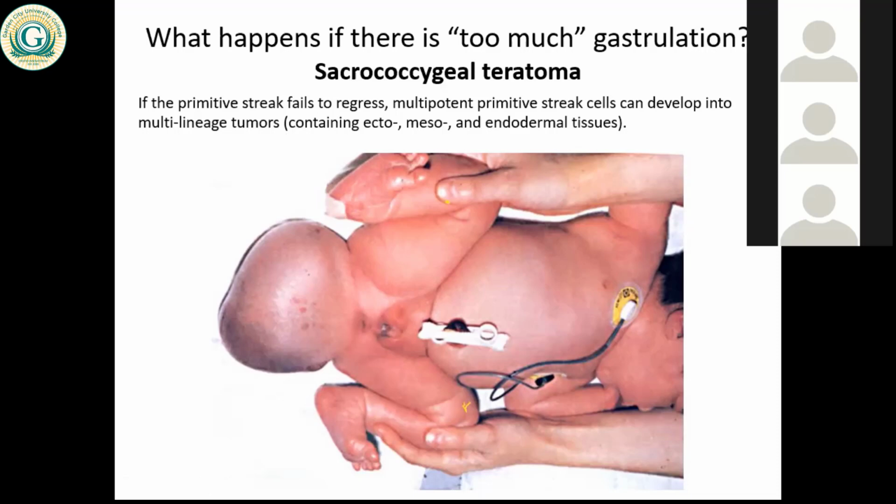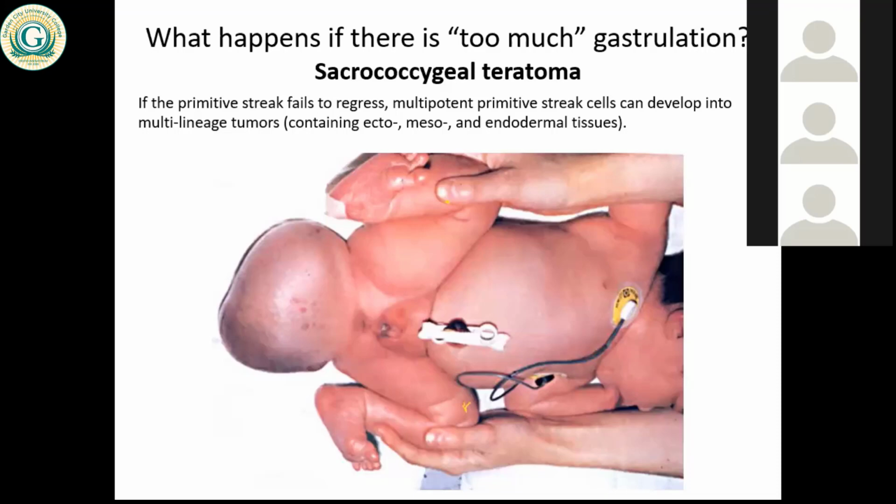Hence, the cells that are supposed to move and form other things will move with the others. In other words, the cells were supposed to stay and they move. So after the formation, they become excess.